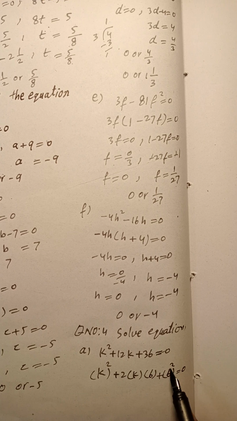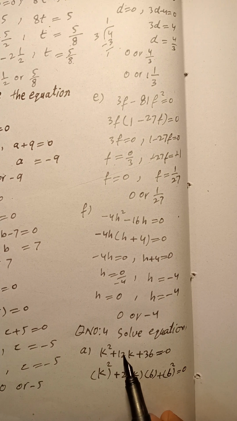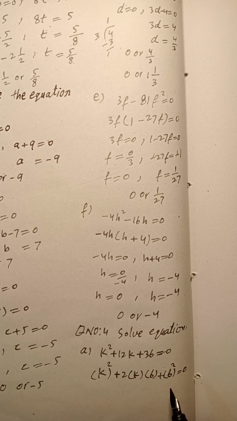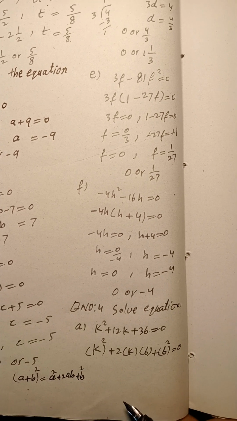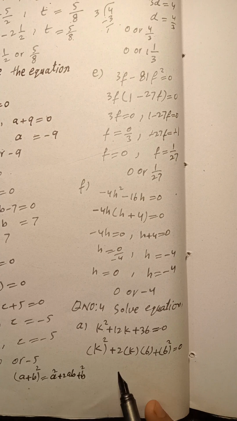You know that 6 sixes are 36, 6 twos are 12k, and k square is here. A square plus 2ab plus b square, this is our identity, and I am going to write it here, a plus b whole square is equal to a square plus 2ab plus b square. You know this identity, so we will try it here.